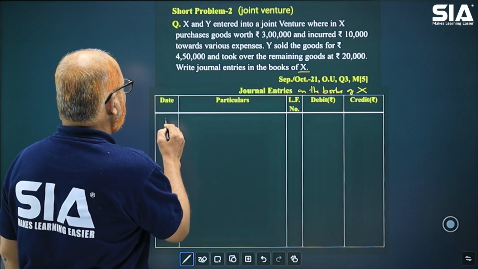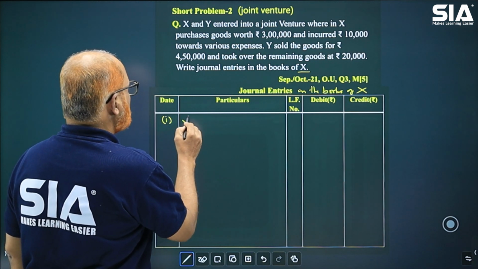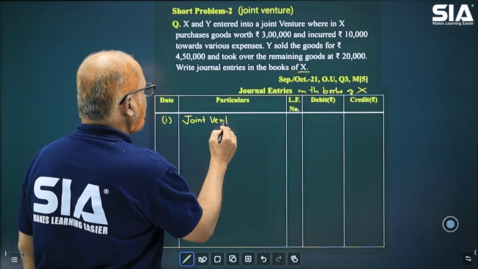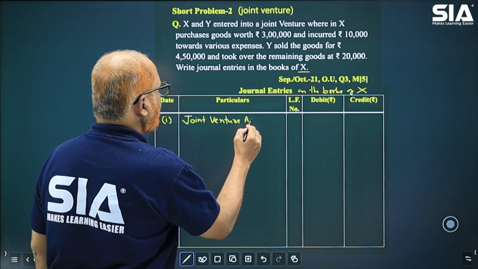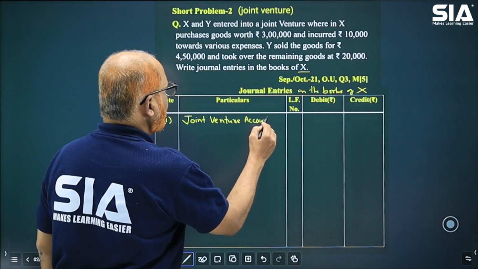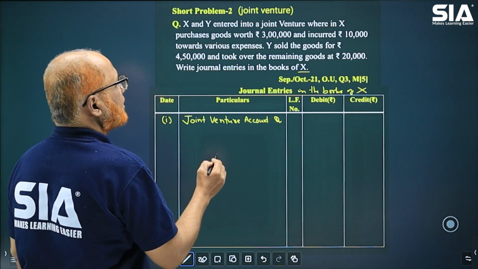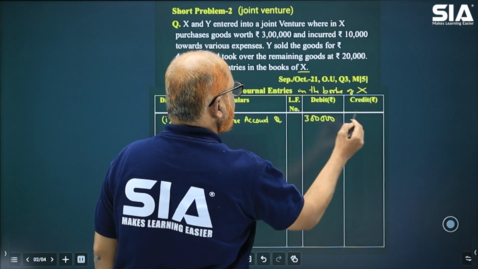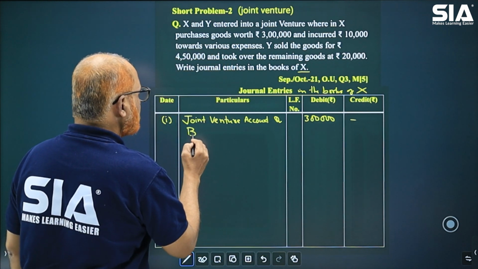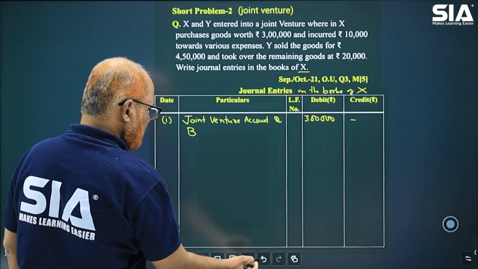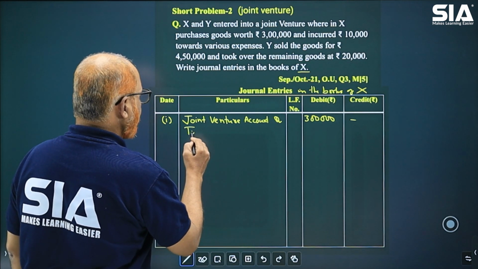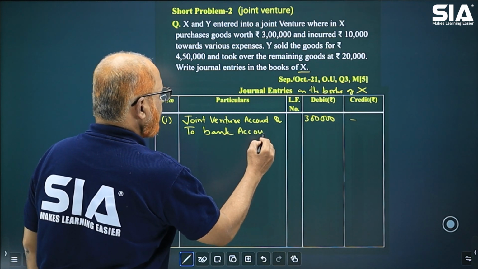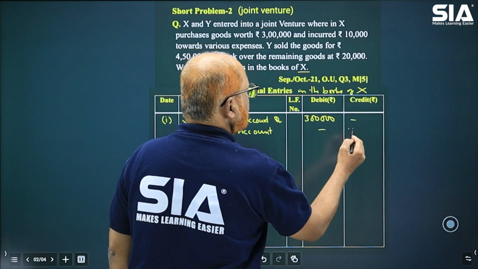So the first entry will be joint venture account debtor, 3 lakh, to bank, 3 lakh.